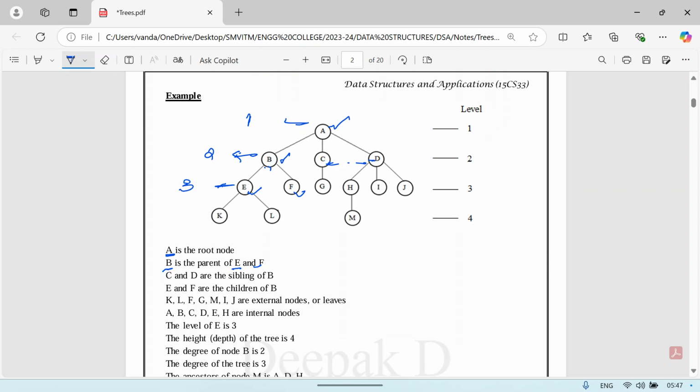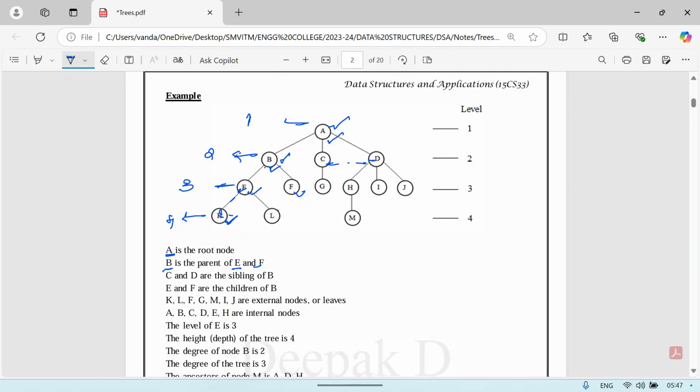So the level of E is 3. So what about the height? From here you count. This is 1, then 2, 3, and 4. So that is your height.